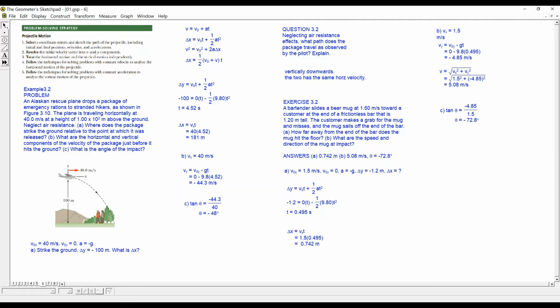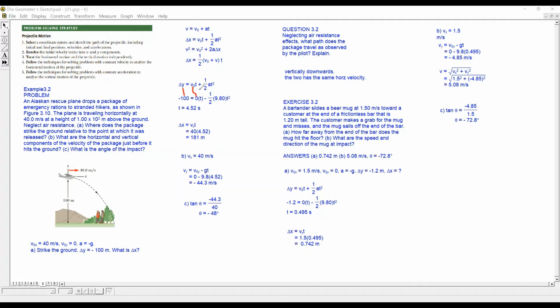Let me see, where is it? Yeah, this one. So when you reach the ground, it is negative 100. The delta y, you substitute with negative 100. Then, because it is dropped from the plane, it is not thrown down. So the vertical component of the velocity is 0.